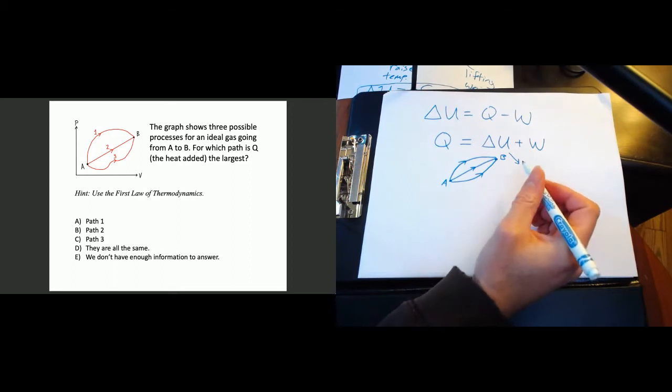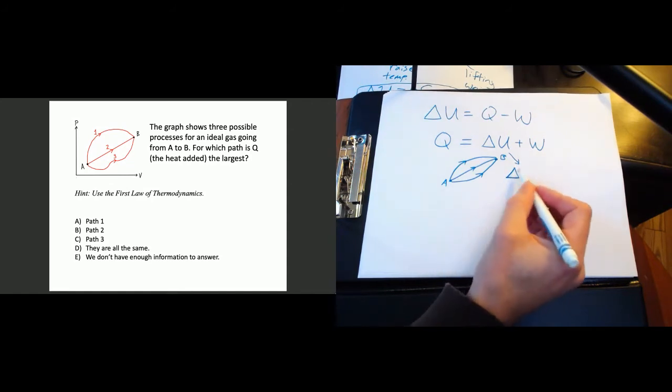We emphasized last time that delta U is a state variable. It doesn't depend on the process that you take. U is something that would be determined by the temperature and the pressure and the volume of your system. And so if I have the same starting point and the same ending point, then I know that the U at A is the same in all cases. The U at B is the same in all cases. And so delta U is going to be the same.